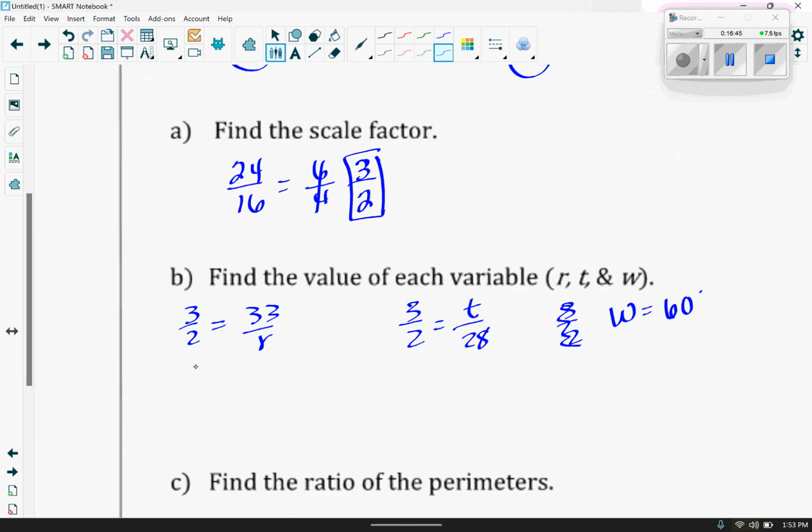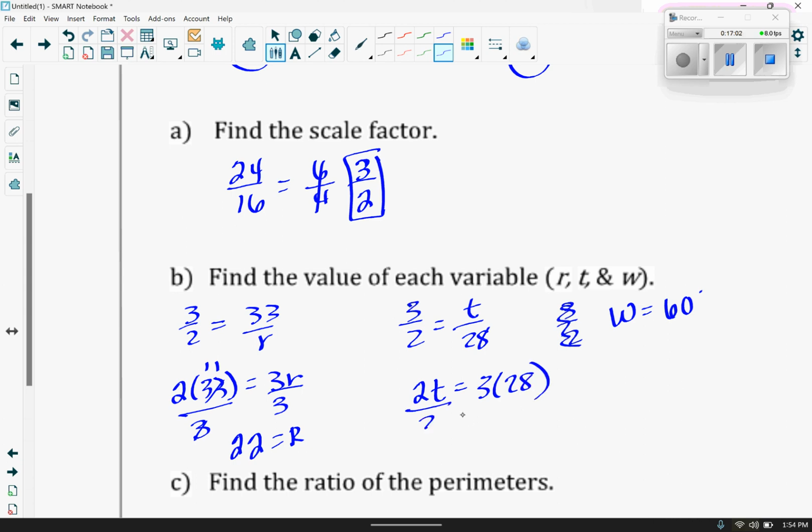Go ahead and solve those. So I get 2 times 33 equals 3R. Divide by 3. And so 22 is equal to R. The other one's going to be 2T equals 3 times 28. Divide by 2. That gives me 14. T equals 42.